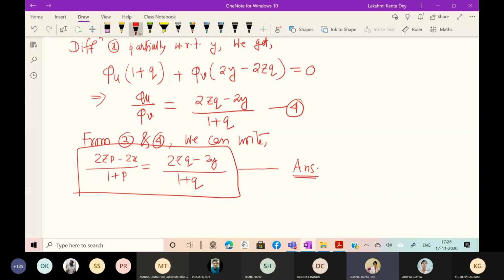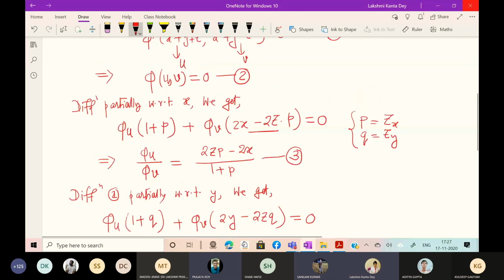So can you say what is the order of the partial differential equation? Sir, 1. Order of the partial differential equation is 1. Here, the number of arbitrary functions is 1, only phi of u comma v.